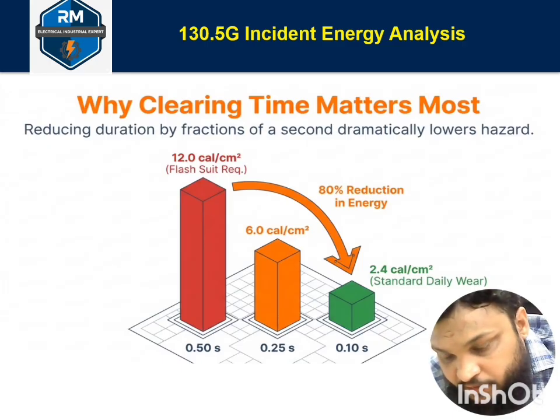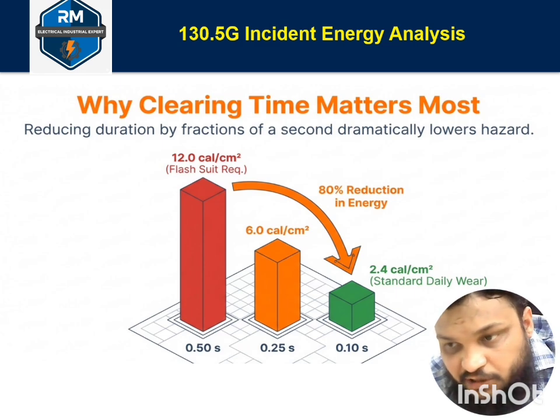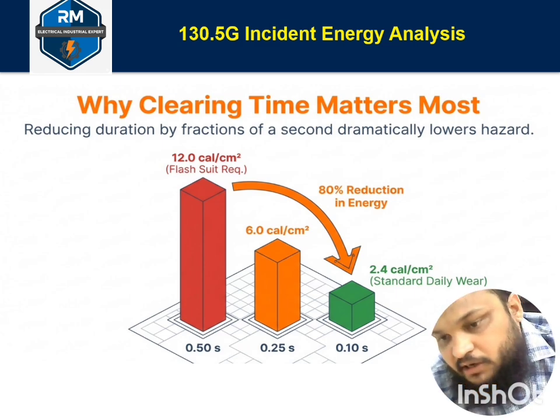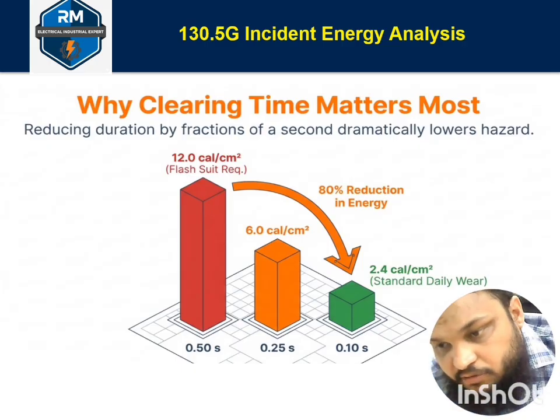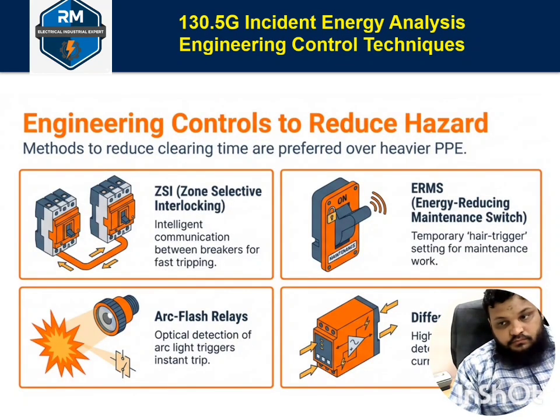When it is reduced to 0.10 second, the incident energy reduces to 2.4 calories per centimeter square. So this picture tells you that by reducing the relay or fault clearance time, we can reduce the incident energy significantly.